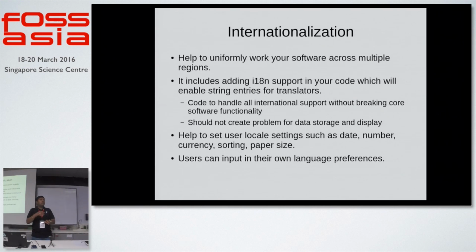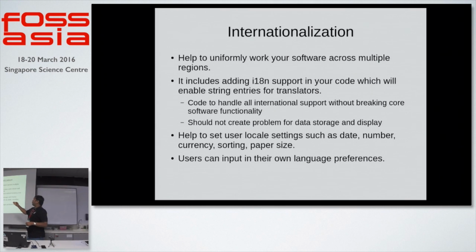For example, if you are aware of the Yum package manager, it shows whether you want to download the packages or install the software. Likewise there are strings available in your software. Adding I18N support will make them available for translators to translate into their own language.